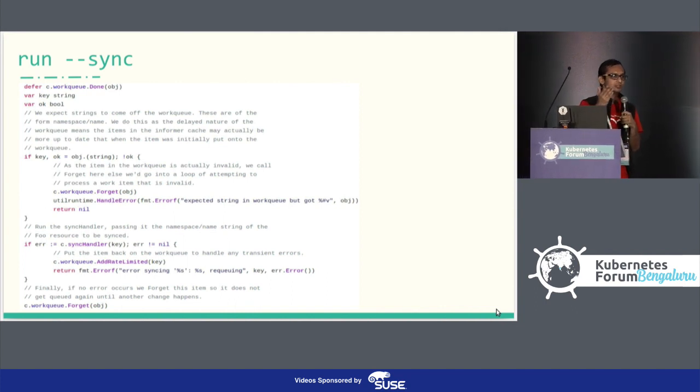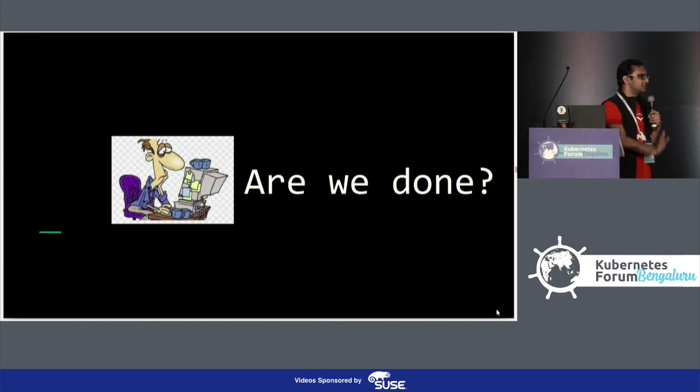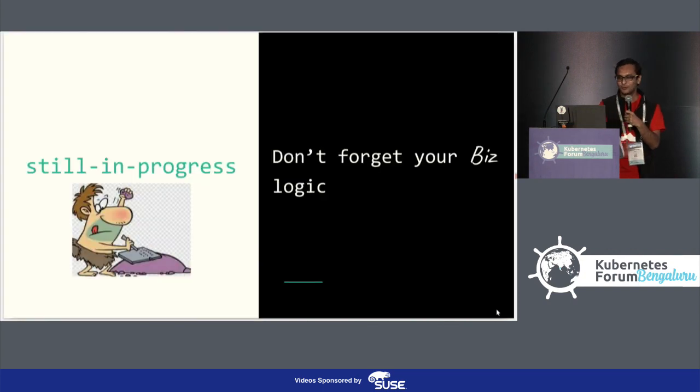You have to respond with your desired state and nothing else. I understand that we have been dealing with a lot of code, and it is getting heavy and boring. But are we done? What do you think? We are not done yet, because we haven't written our business logic. It was all about the way Kubernetes works: the sync, queue, the startup, all those things.